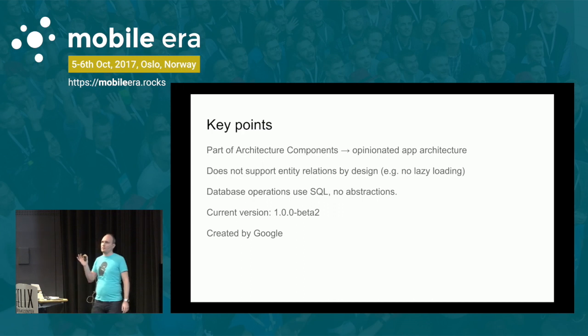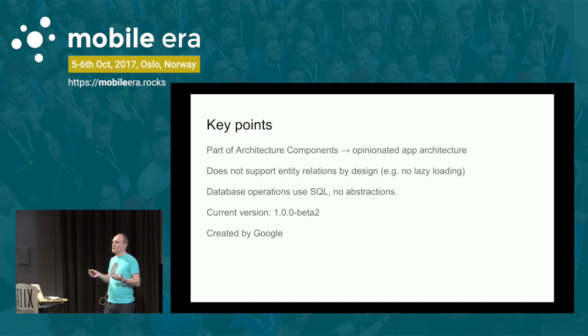Room does not support storing entity relations by design, which means you can't really expect Room to take your entire object model and throw it in the database without any effort. It simply does not support that kind of stuff, and that's for some good reasons. It's hard to make that performant.